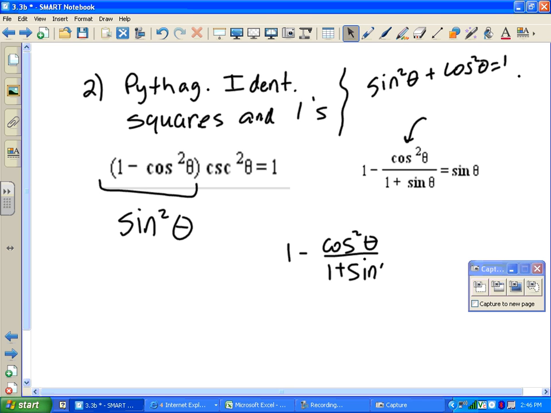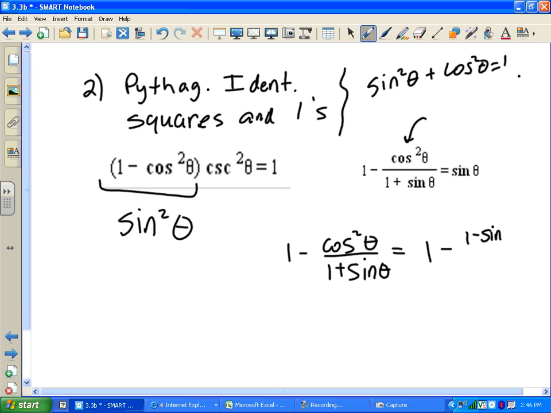I'm going to write it sideways to illustrate how they do that. And so I could write this as 1 minus, and now instead of cosine squared right there, we could put in place of it 1 minus sine squared theta.